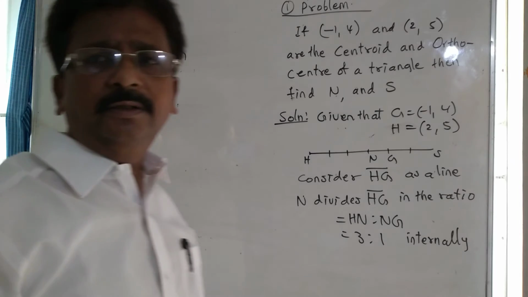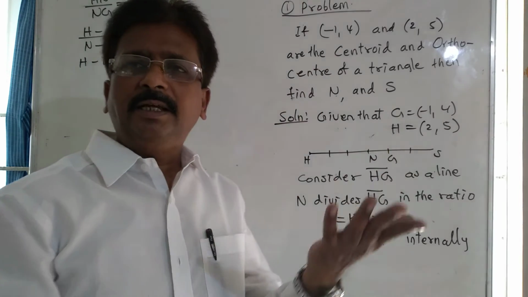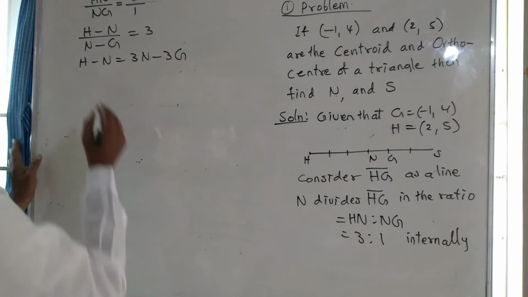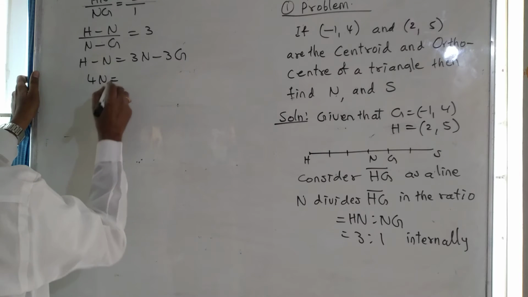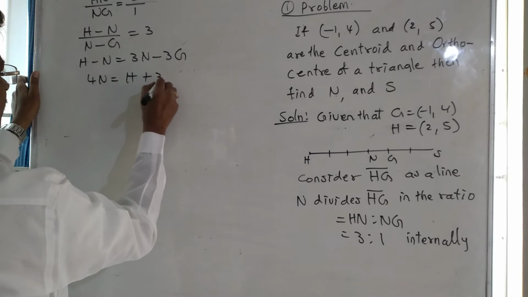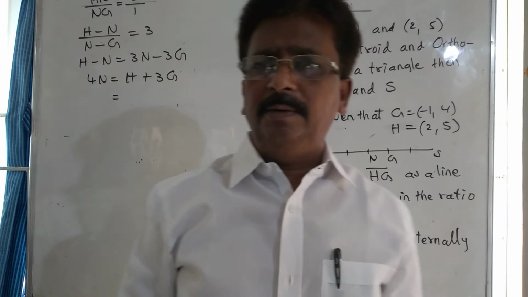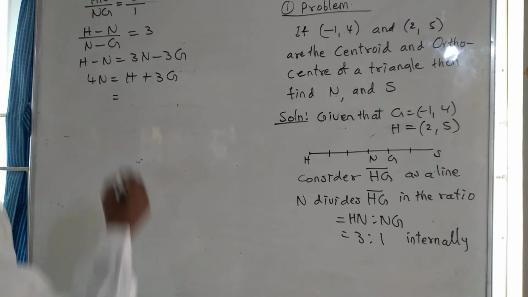Now which point are we asked for? N. So separate the n on one side and take the other 2 points to the other side. So n goes to the right side: 4n is equal to h plus 3g. Now write the x coordinates of h and g, and after that write the y coordinates of h and g.